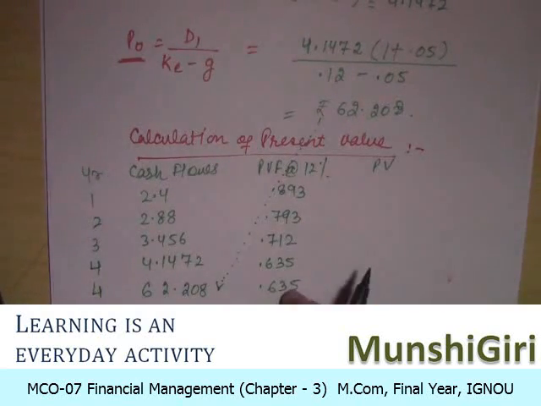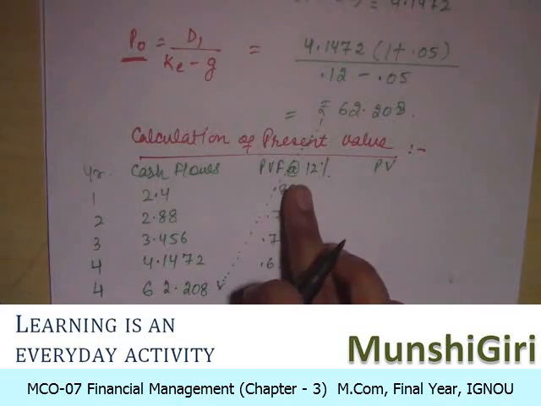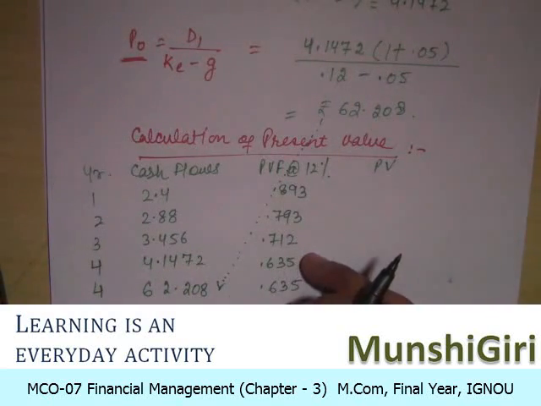Calculate the present value by multiplying the cash flows with the present value factors at 12%.